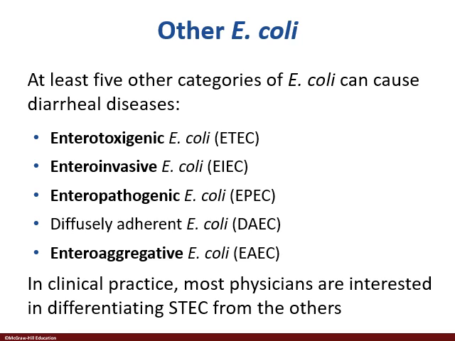These 5 listed here do not produce Shiga toxin. If they produce any type of toxins like the enterotoxin, the enterotoxigenic, the ETEC, they have a different source. I do believe the enterotoxigenic E. coli produces the Salmonella typhi toxin.